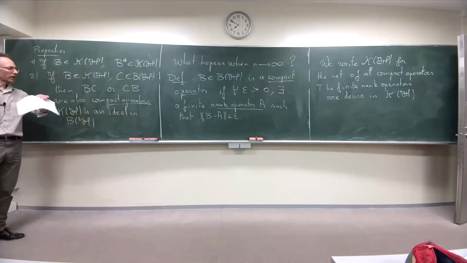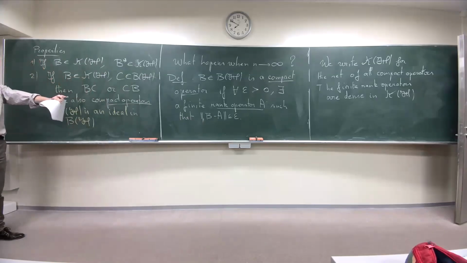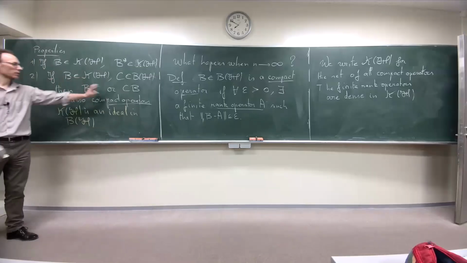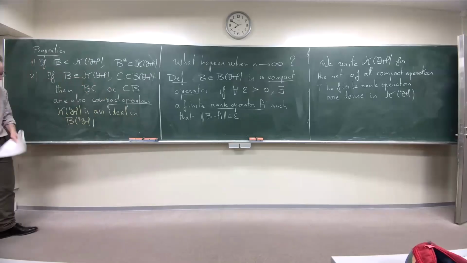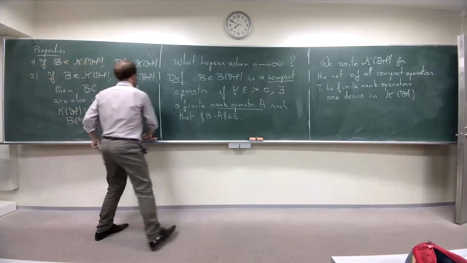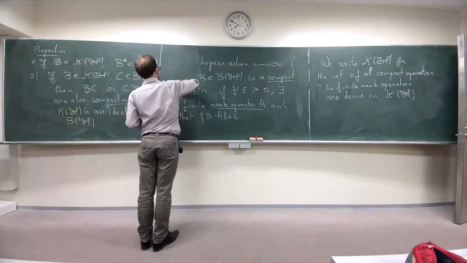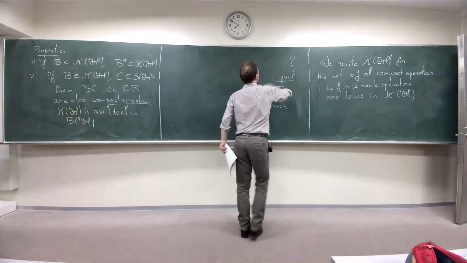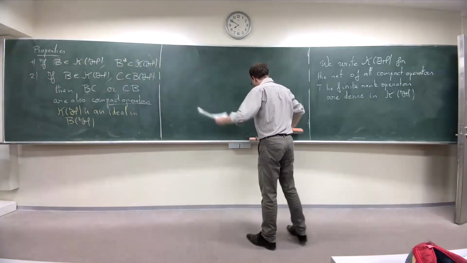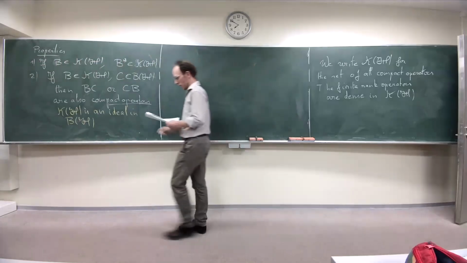You multiply one element of K of H with one element of B of H, the product in both order is compact, right?